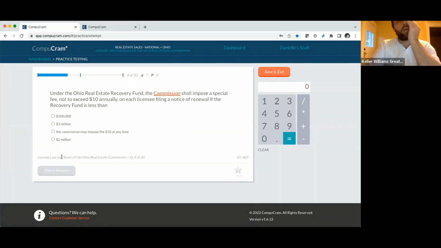Question number 8: under the Ohio Real Estate Commission Recovery Fund, the commission shall impose a special fee not to exceed $10 on each license filing a notice of renewal if the recovery fund is less than A, 500,000, B, 3 million, C, the commission may impose the $10 fee anytime, or D, 2 million.